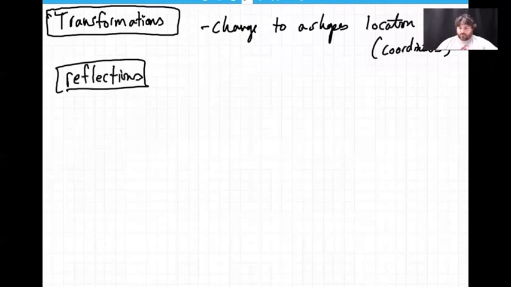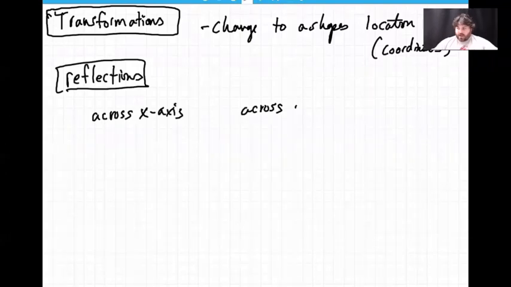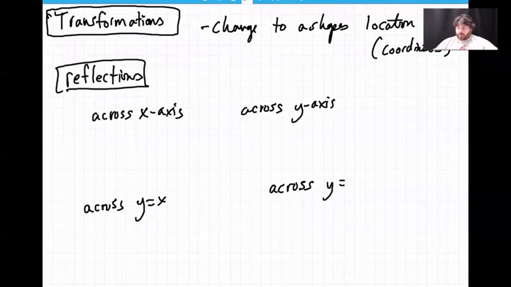There are 4 types of reflections. We can do across the x-axis, across the y-axis, across the line y equals x, and across the line y equals negative x. There are 4 different ways.